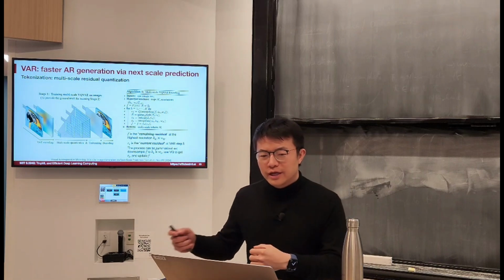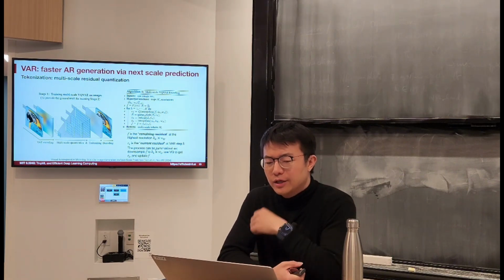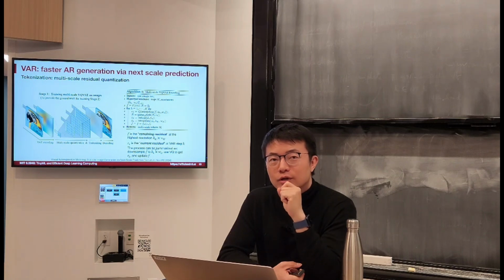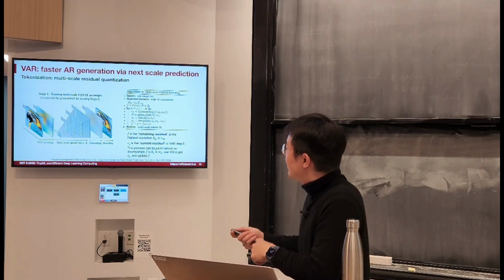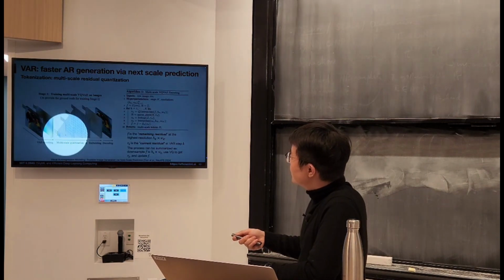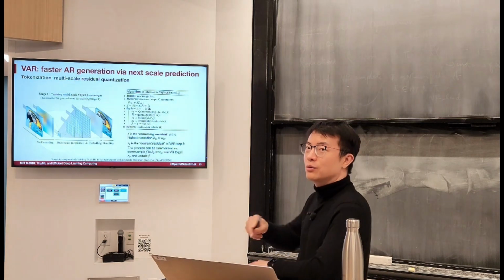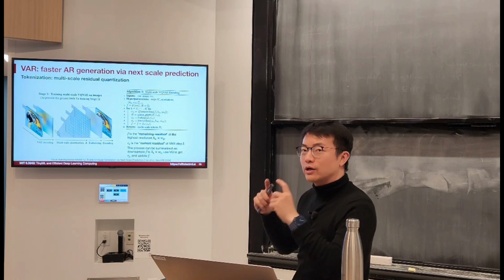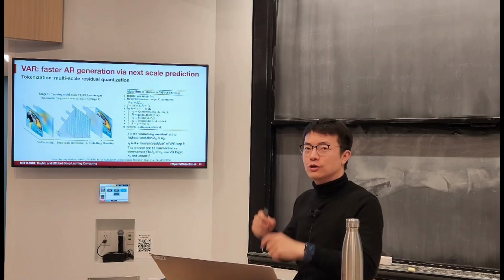And this work called VAR introduced a new order to generate the tokens. Remember, the rule of thumb is to try to generate more tokens at a time, not just one token. So what it does is first generate one token, pulling the entire image into a single token. And then 2 by 2, 4 tokens.